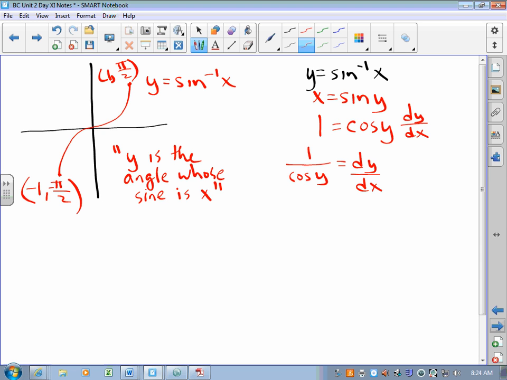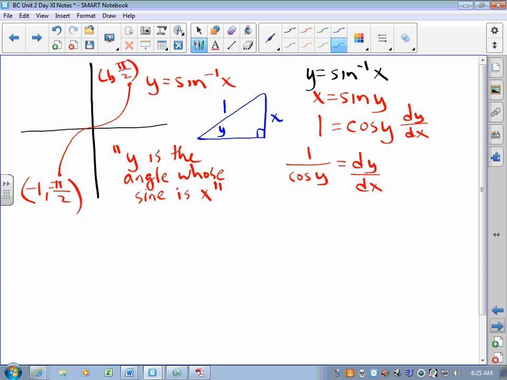Now here's the question. Can I get cosine y in terms of x? And the answer is yes. Consider a right triangle where this is the angle y, the angle whose sine is x. The way to get its sine to be x is to have the opposite side be x and the hypotenuse be 1. There you can see that the sine of y is x.